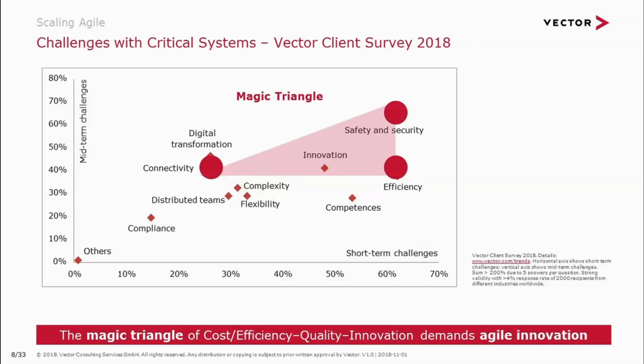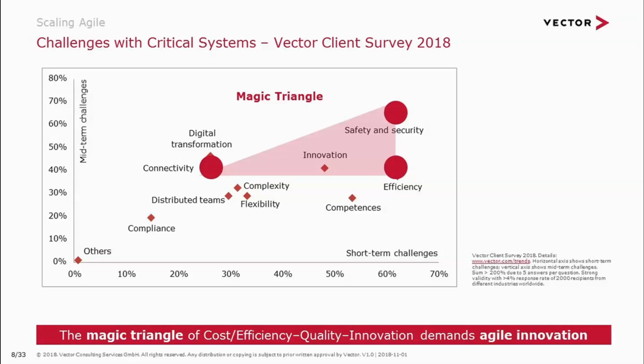At the same time, there is the natural efficiency and cost pressure, while all these innovative topics such as digital transformation, connectivity, etc., are somehow being covered by additional needs.